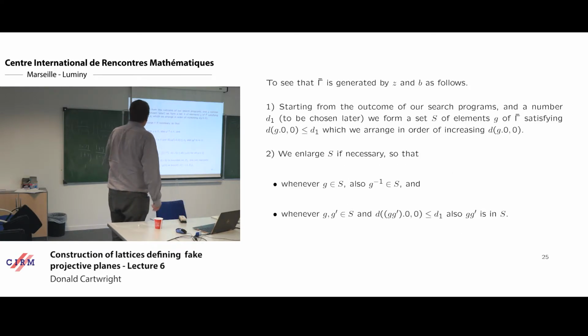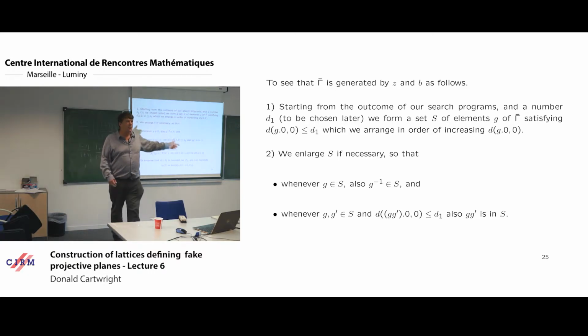So this is now intersecting with what Tim was talking about. You start with the output of your search programs, and you have a set of elements, and you choose some D1, maybe to get to a range that you have no more than 10,000 matrices, something like that. You choose D1, and you thicken up S. You thicken up this output by adjoining any inverse.